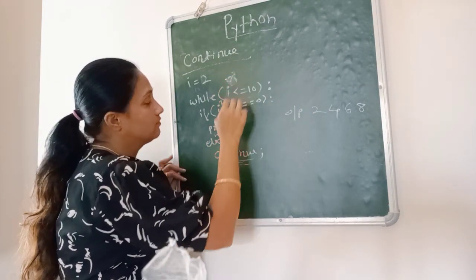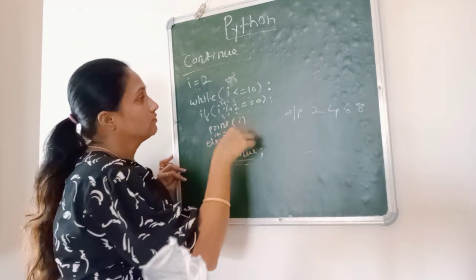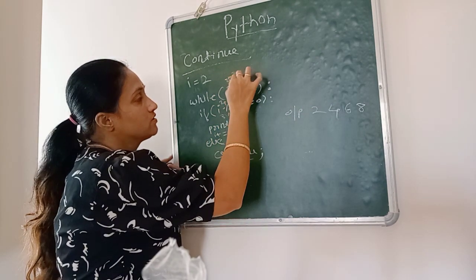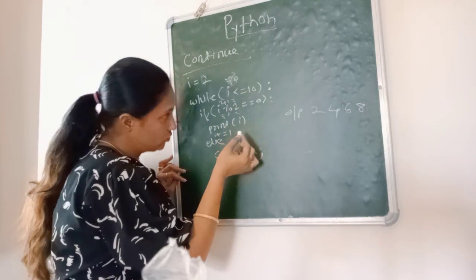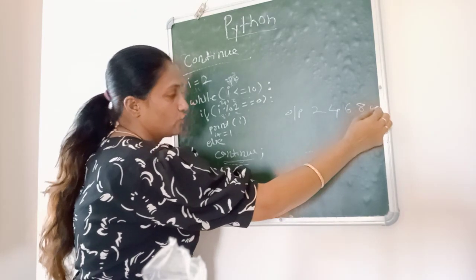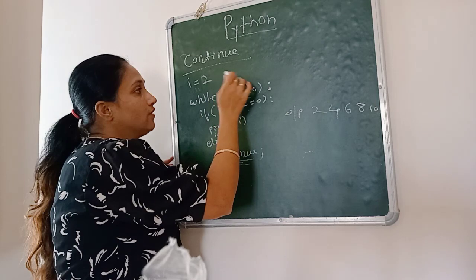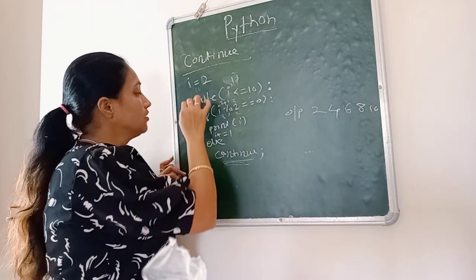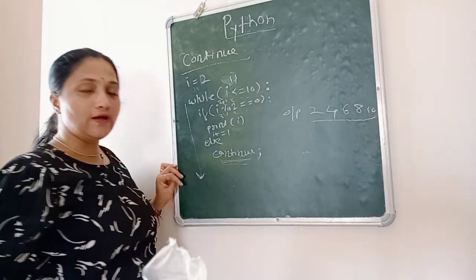Next time 9. 9 mod 2 equals to 0, condition false. Continue. Again next time it becomes 10. 10 less than or equal to 10, condition true. 10 mod 2 equals to 0, that is also true. Then it will print the value of I. Next time the value becomes 11. 11 less than or equal to 10, condition false. So control comes out of the loop and you will get this as the final output.